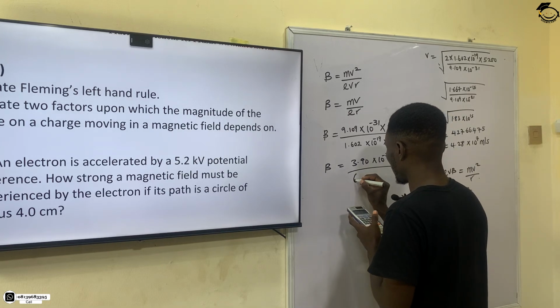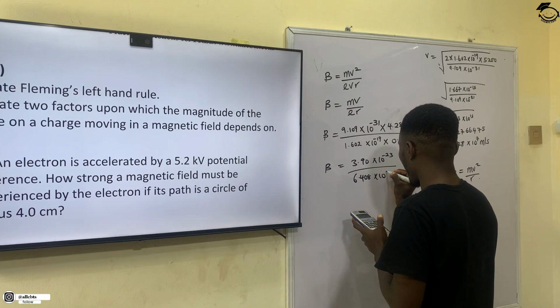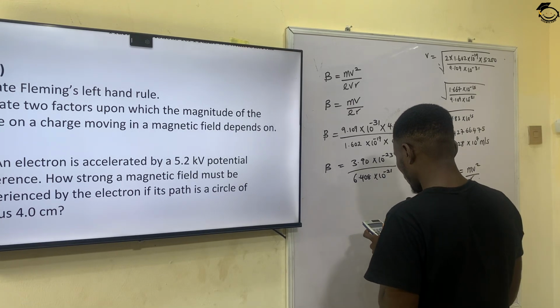So this will give me 6.408 times 10 raised to power minus 21.